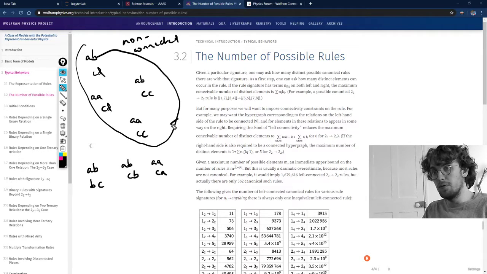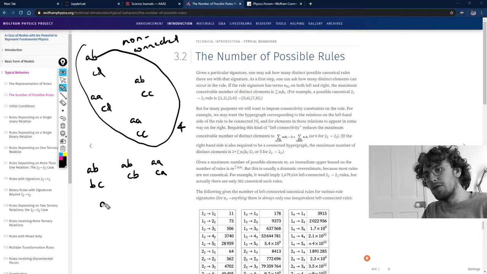That's 4 of those. I'm just going to write all of these and start looking for some symmetries. We've got AB goes to BB. AA goes to, oh yeah, also AA goes to AC.